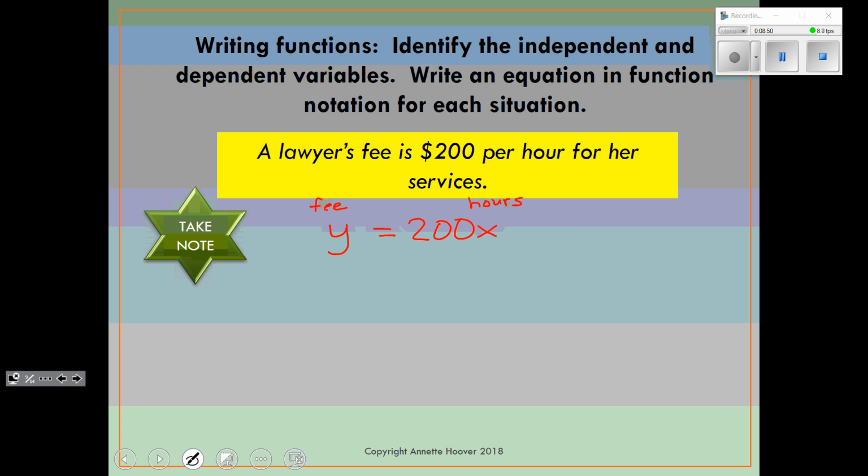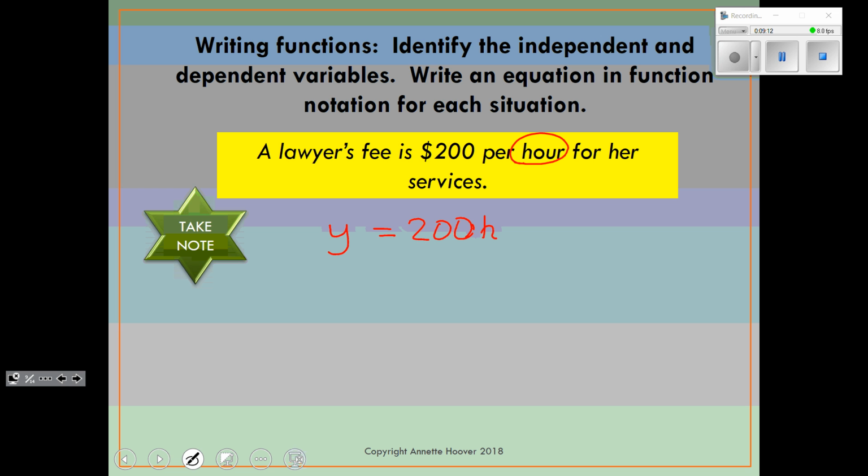So we write our equation like this. Now, we talked about function notation. To put some meaning behind our variables, a lot of times instead of using x as our variable, we ask ourselves, well, what does that x actually represent? It represents the number of hours, so we could use the variable h just to give some meaning to that variable.